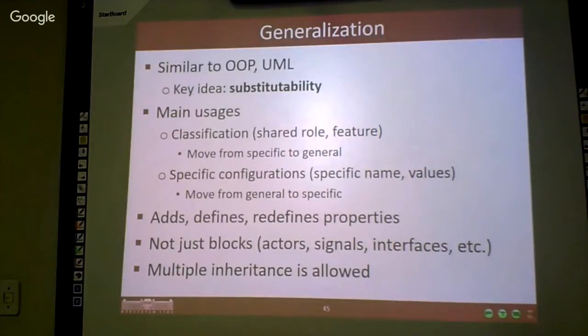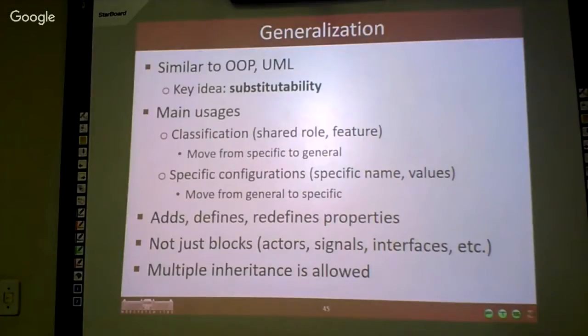So the key idea is the substitutability and the main usages, and we want to classify components. For example, when we want to move from specific to general, and in the other direction, if you want to have more specific configurations, more specific names and values, in this case, we move from the general to the specific.